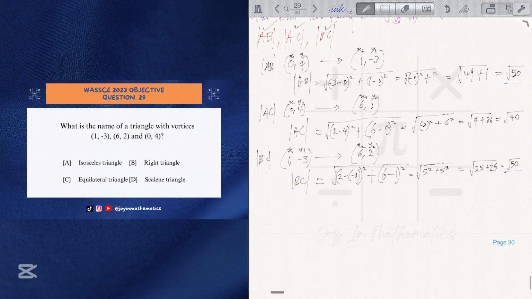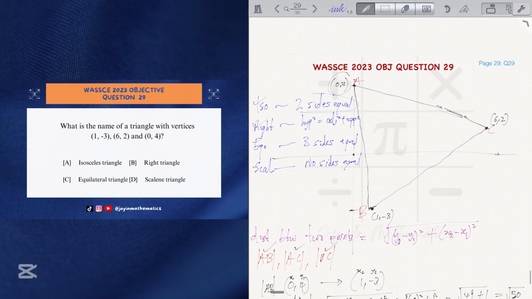So AB is equal to BC, which means that two sides are equal, so we have an isosceles triangle, which is equivalent to option A. So you see what we did here? We evaluated the distances, and from the distances we interpreted the options, and from there we have the right answer.